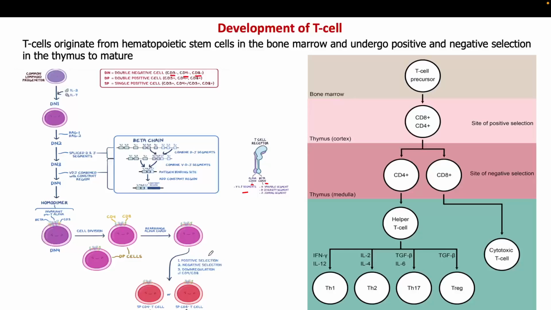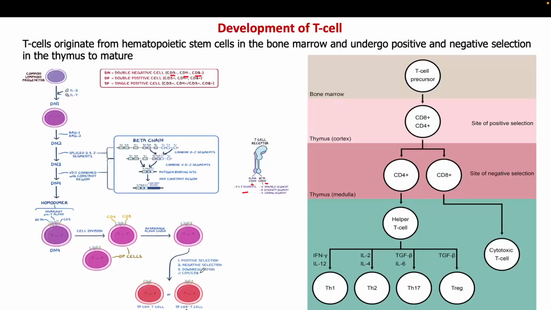Okay, positive selection means those CD8 and CD4 cells which can bind with the MHC molecule, because you know that T cell only encounters the antigen with the help of the MHC molecule. Okay, so once this T cell is able to bind with the MHC molecule, those T cells will be selected.